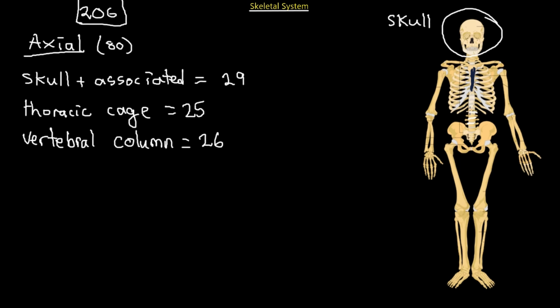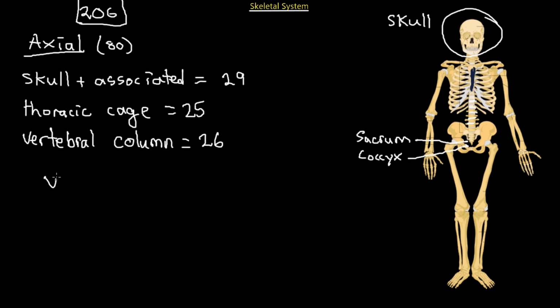Vertebrae are the bones in our spine. And here at the bottom, we've got the sacrum and the coccyx. These would be labeled here at the very bottom.